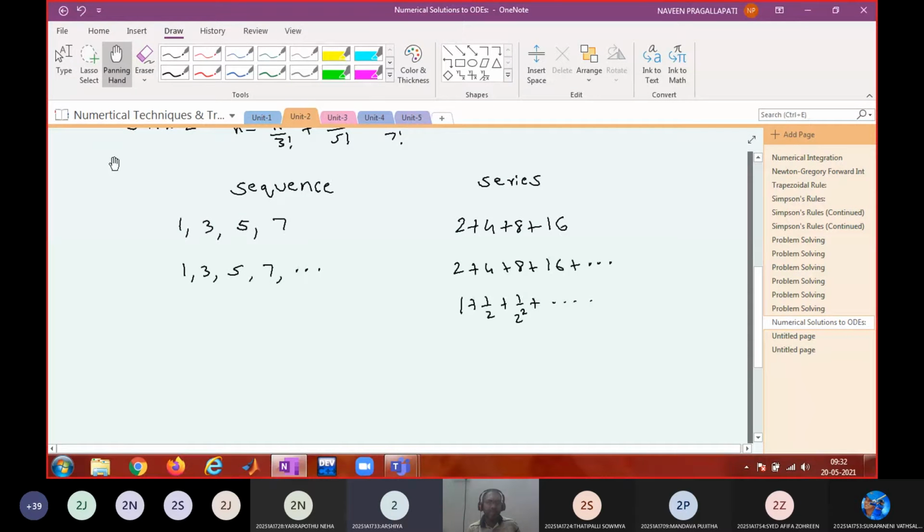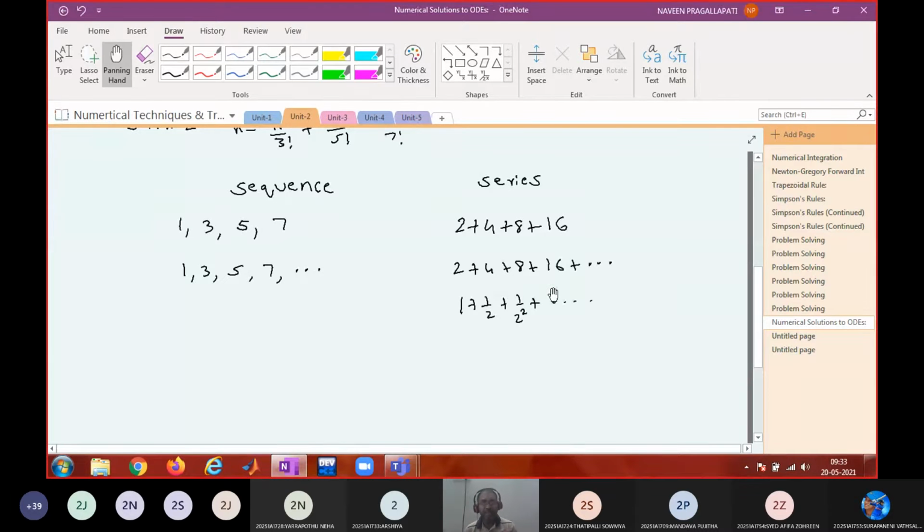Yes, sir. Okay, so the main interest is in infinite series, not finite series, because a finite series always has a sum. There is nothing much to discuss about finite series. When it comes to an infinite series, it is not so easy every time to know whether the series is going to have a sum or not.